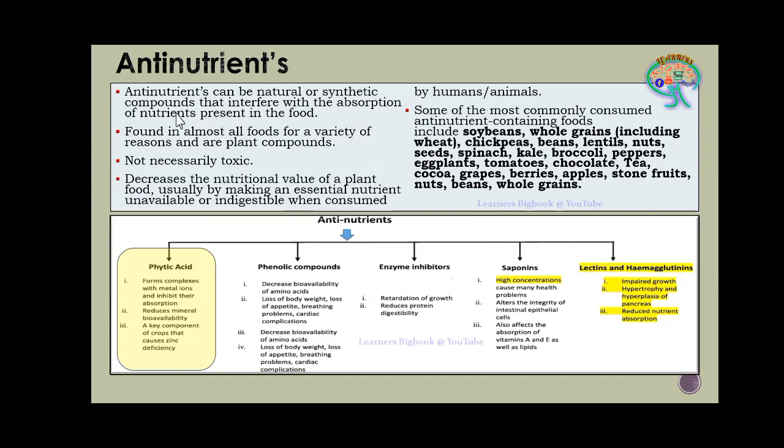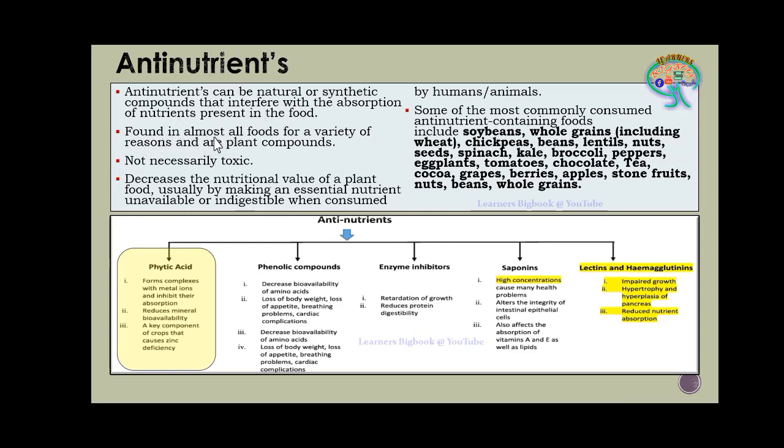So what are they and how are they present? They are present in natural or even synthetic form. Food has nutrients, and those nutrients have to get absorbed, but these anti-nutrients interfere with those nutrients and prevent them from getting absorbed.